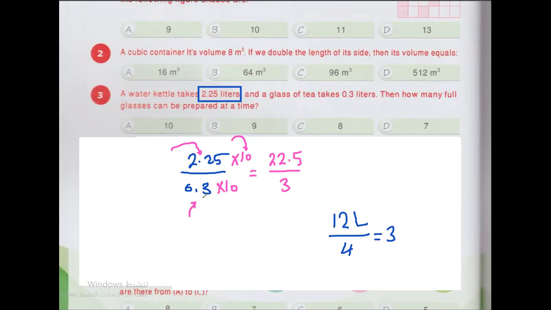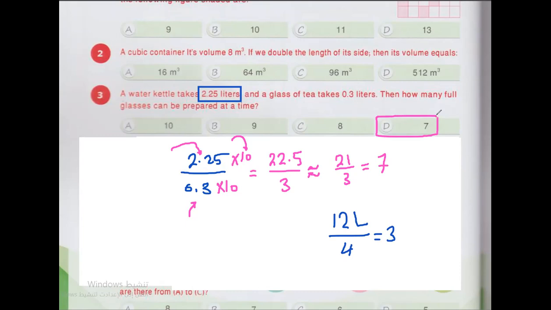Now we have removed the decimal here, right? Then we divide it. 22.5 divided by 3, that's approximately 21 divided by 3. So the answer is what? 7. 7, correct.